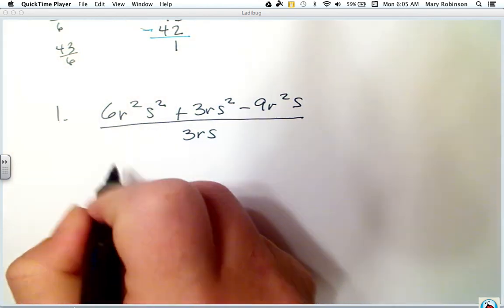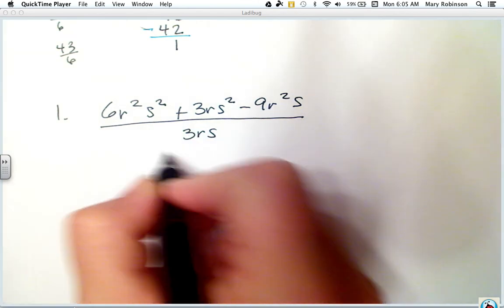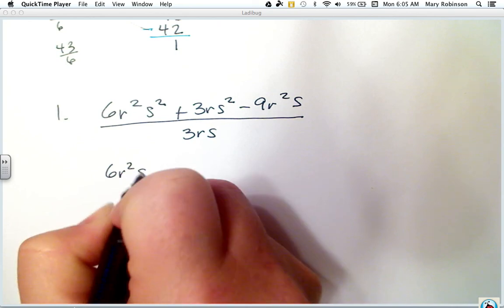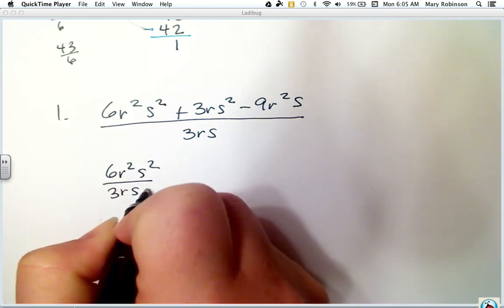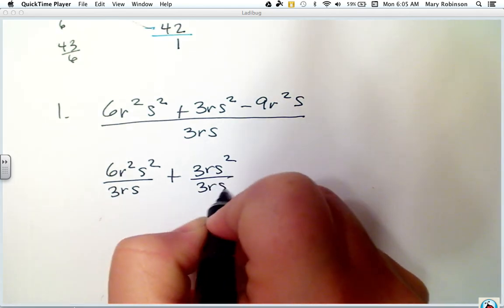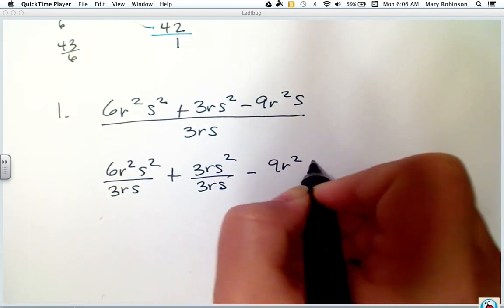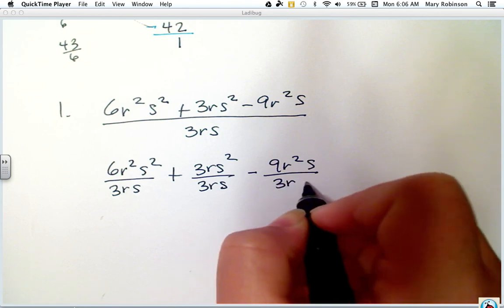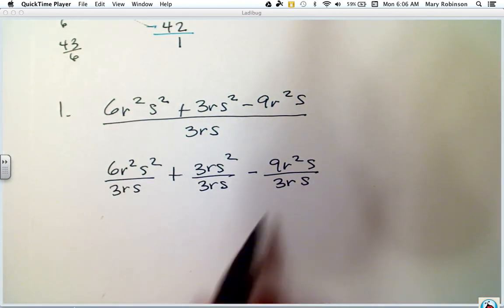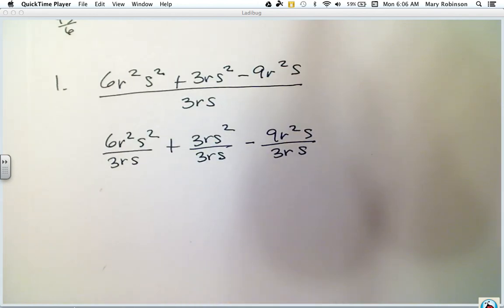What I need you to understand is if our denominator, our divisor, is 3rs, it really means we're dividing each and every term by 3rs. Feel free to pause the video at any time to keep up. And then we would simplify each fraction here to get our answer.